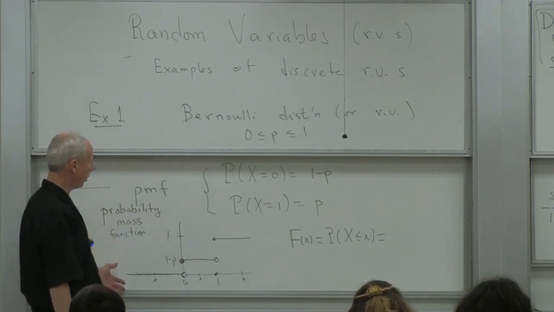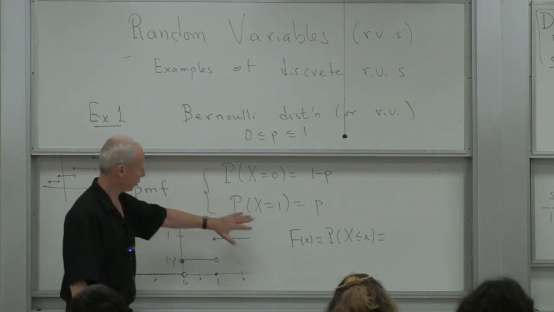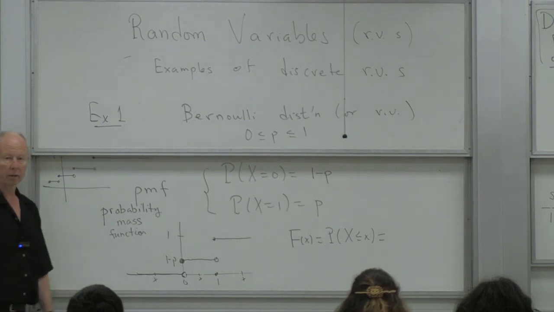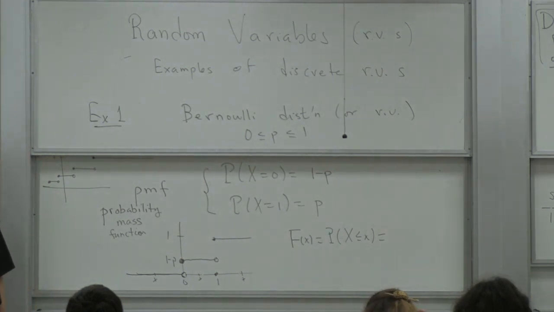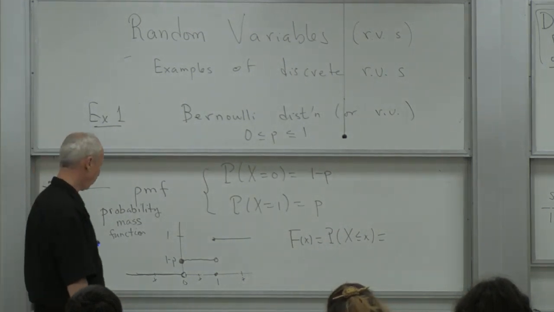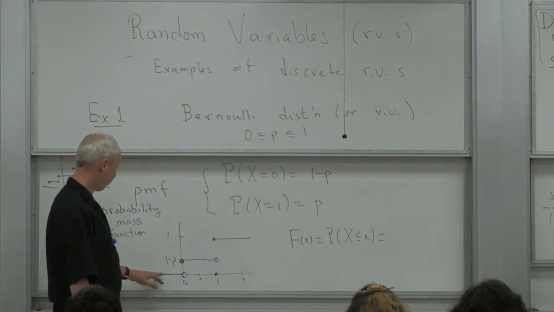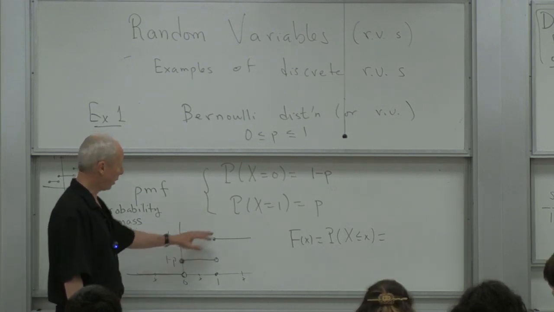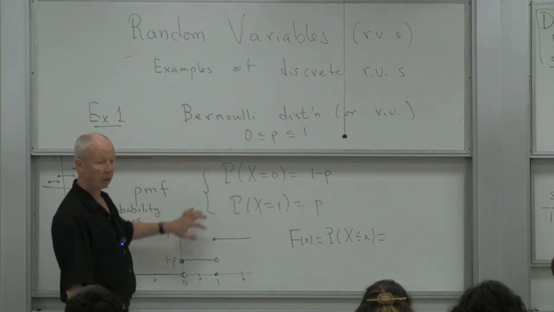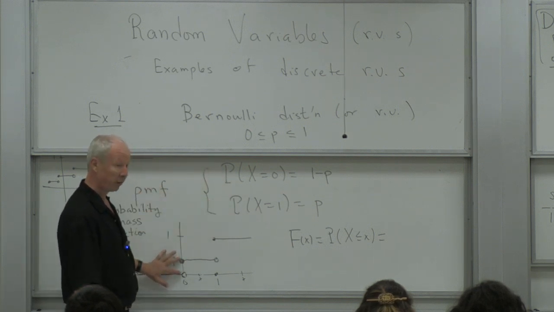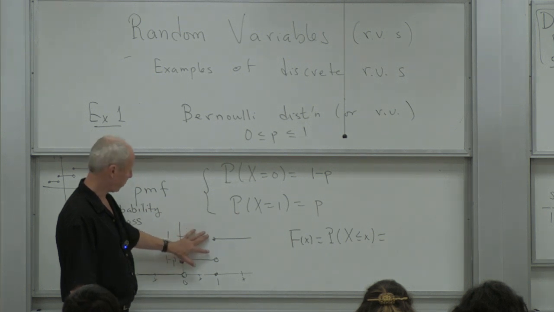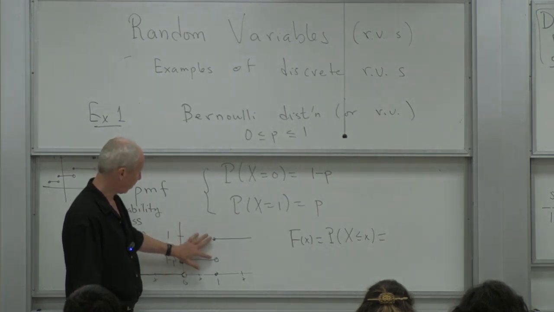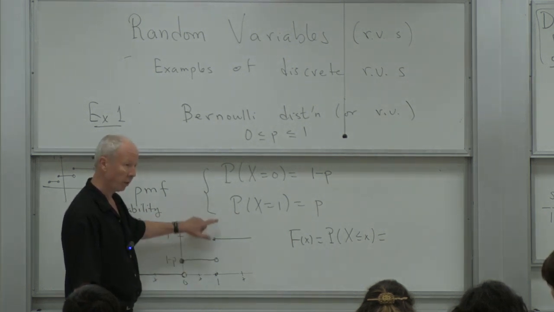In this case, how can you get from the probability mass function to the distribution function? Well, up to here it was 0, then it jumped. It had a jump size equal to the value of the PMF here. And then it has another jump here, where the jump size is equal to the value of the PMF at 1. Right?